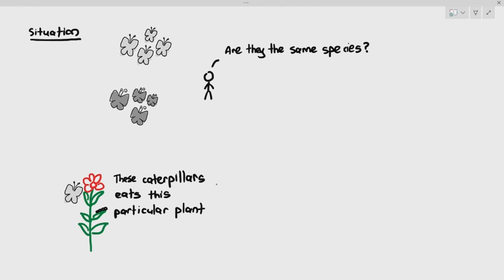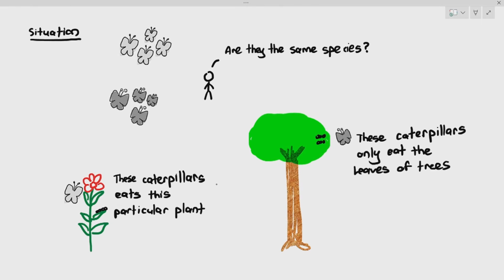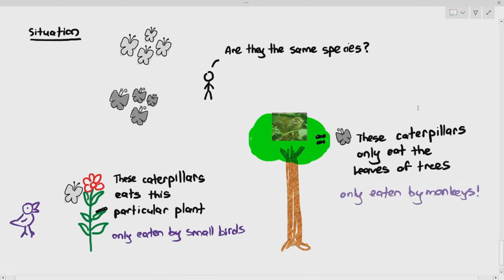But for the dark gray butterfly, they might be in the same area, they might lay their eggs on tall trees, and the caterpillars will only eat the leaves of the trees. And also, what about the predator? The light gray butterflies are only eaten by small birds, but the dark gray butterflies, because they are usually found on the trees, are eaten by monkeys.